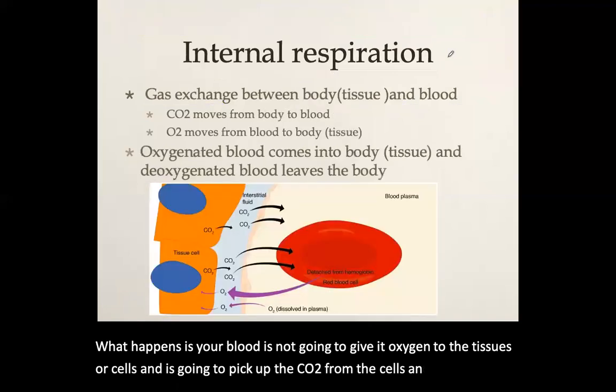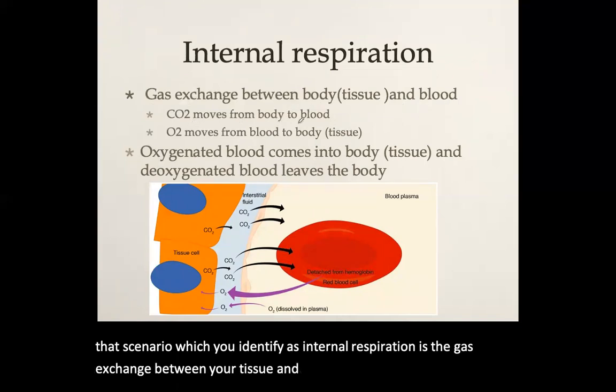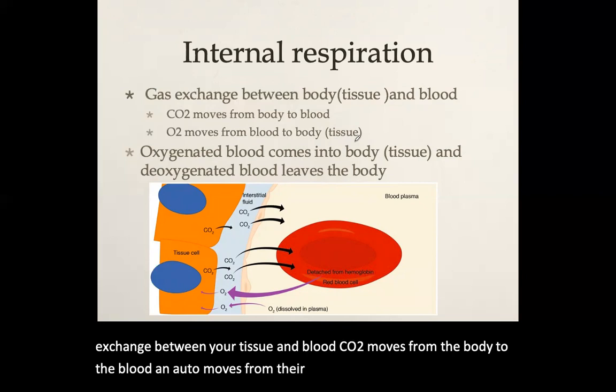So that scenario, which you identify as internal respiration, is the gas exchange between your tissue and blood. CO2 moves from the body to the blood, and O2 moves from the blood into your body.